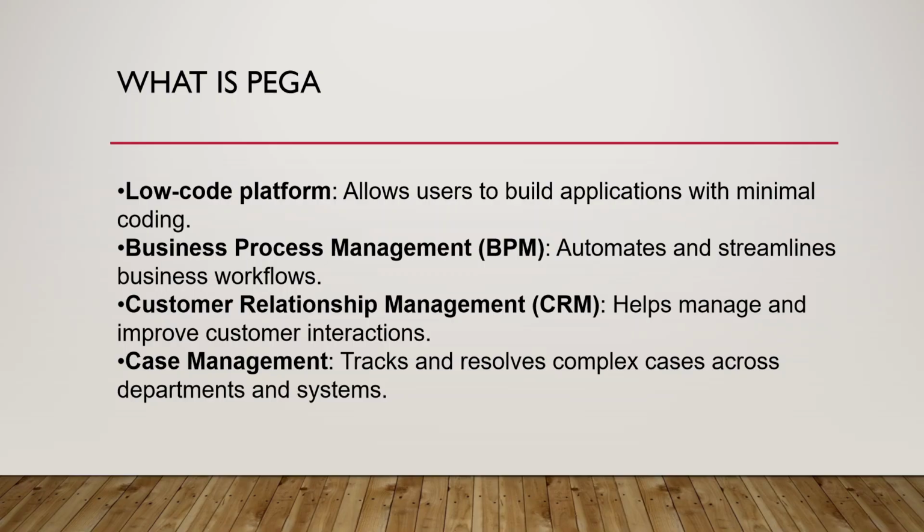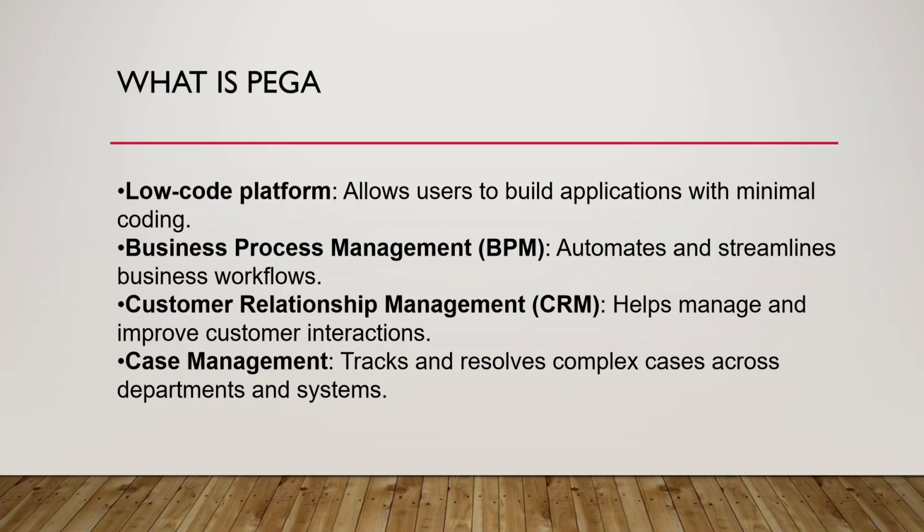The second thing is that we call Pega a business process management tool. It's because Pega helps to automate things very easily. Consider a loan application in a banking application, where a loan is approved or rejected depending upon some CIBIL score. We can automate this process. If the loan amount is approved, you'll get a mail saying that your loan amount is approved.